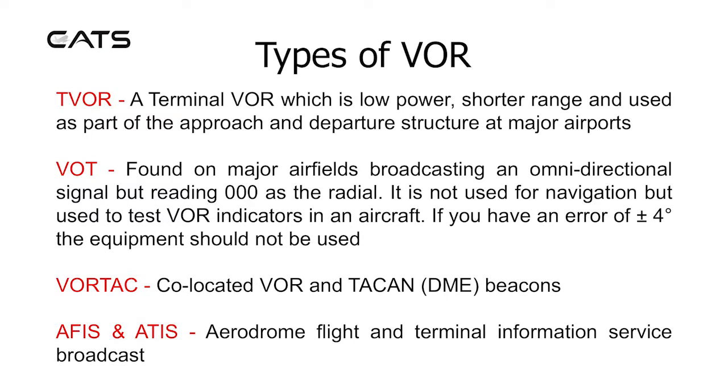It is not used for navigation but used to test VOR indicators in an aircraft. If you have an error of plus or minus 4 degrees, the equipment should not be used. A VORTAC is a co-located VOR and a TACAN, a military aid, DME beacon. AFIS and ATIS are Aerodrome Flight and Terminal Information Service broadcasts.